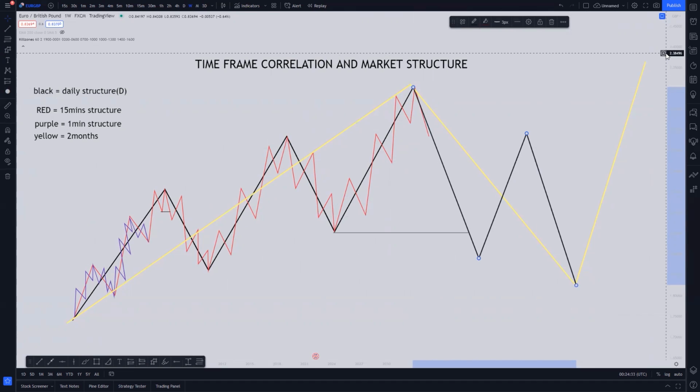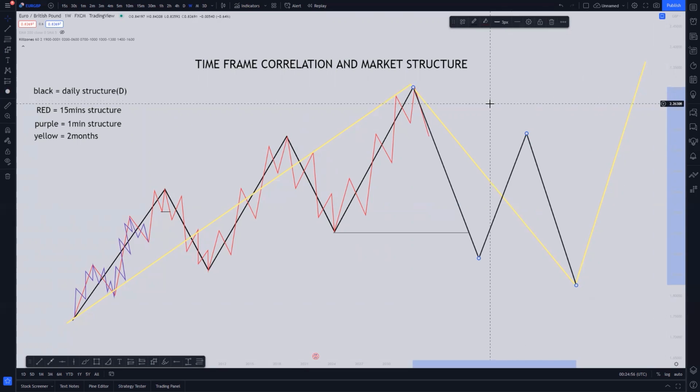So this is how well you can relate structures of different time frames together, and you know exactly when to buy and exactly when to sell. Any trader that knows how to properly relate the structures of different time frames together is a successful trader.